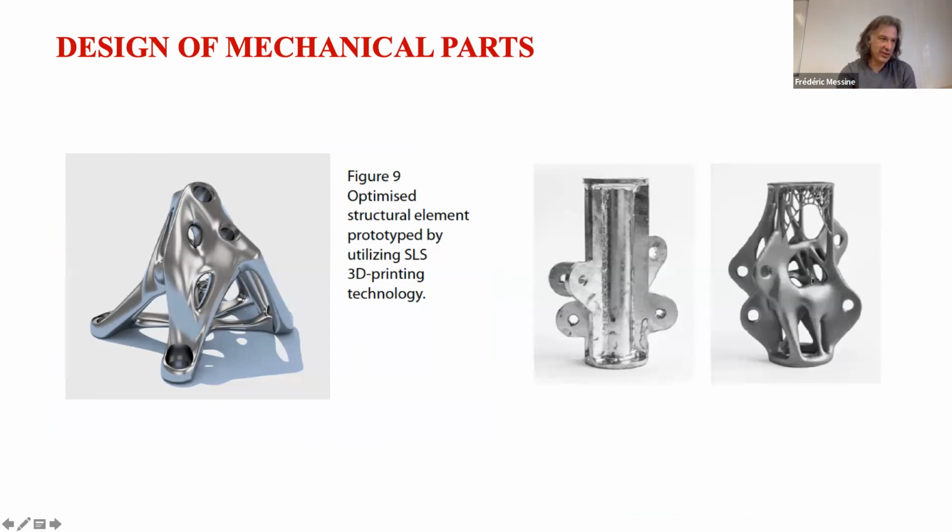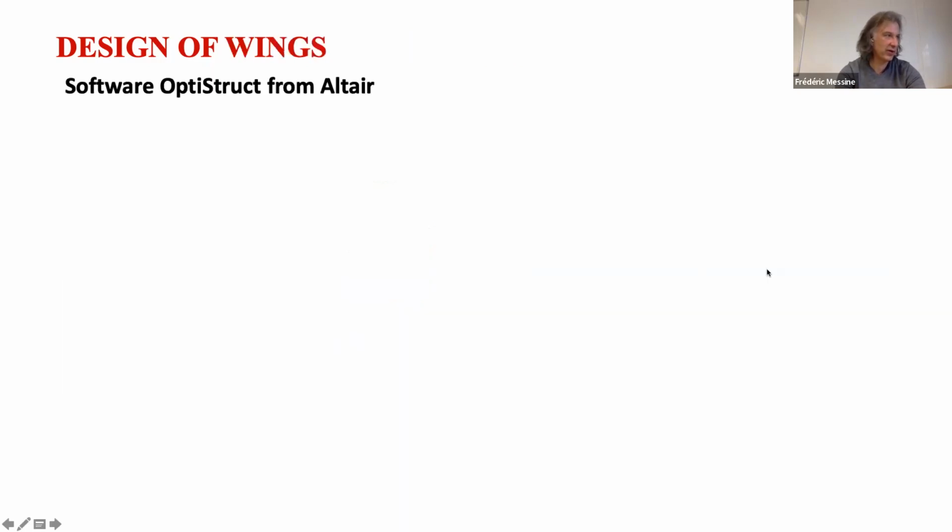The rigidity is improved and the mass is minimized for those kinds of objects. Of course, it's very difficult to make those mechanical parts the normal way, but using a 3D printer, we can do those kinds of things.